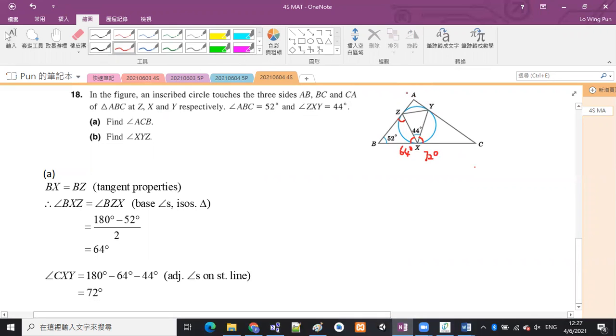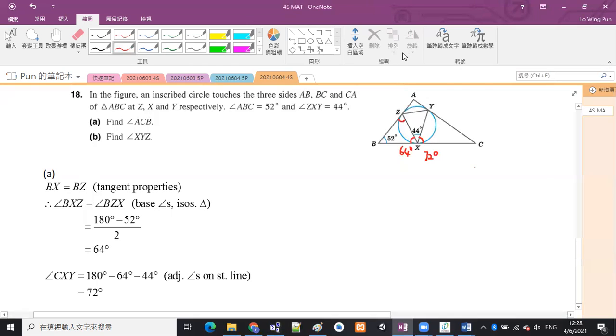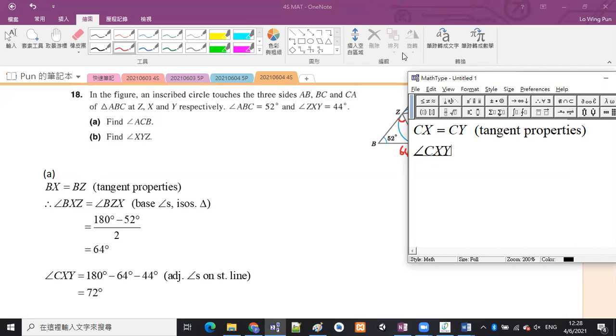And because CX and CY are also equal, so angle CXY is equal to angle CYX. And they are both equal to 72 degrees. Okay, this is base angles isosceles triangle.